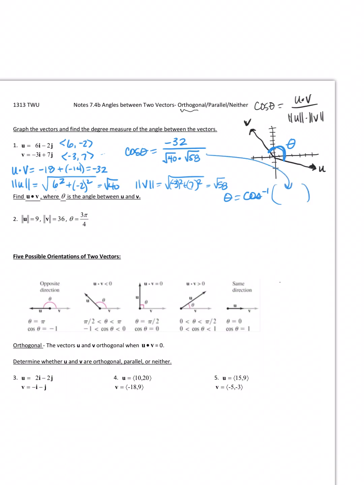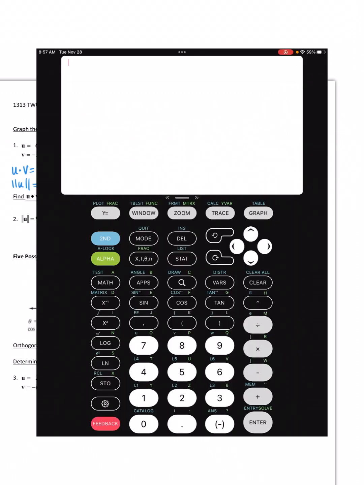So let me show you how to put that in your calculator so we can find our theta angle. So second cosine, alpha y equals fraction, so -32 over the square root of 40 times the square root of 58.